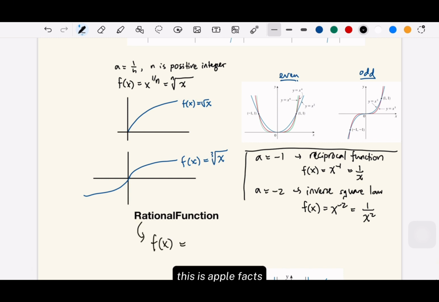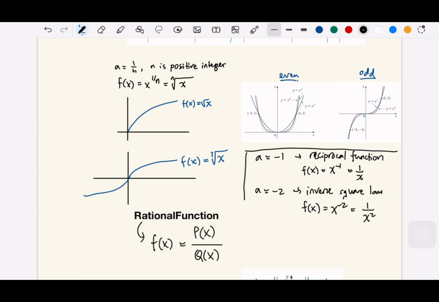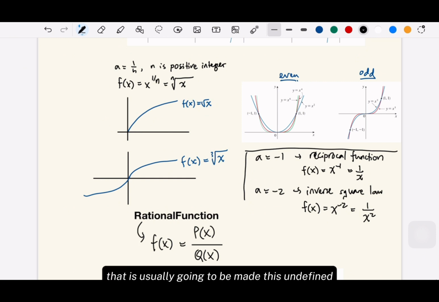This is f of x, and we have an expression on the top and another expression on the bottom. And sometimes, because of this denominator, we could have some specific domain restrictions, right? We need to exclude some numbers to make it defined. If not, then the whole thing becomes undefined. And usually, for the number that makes this undefined, we are going to have an asymptote.